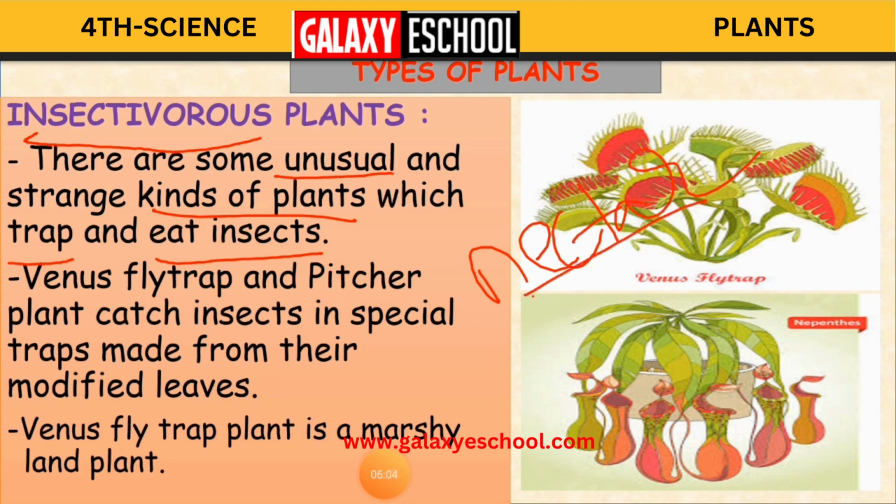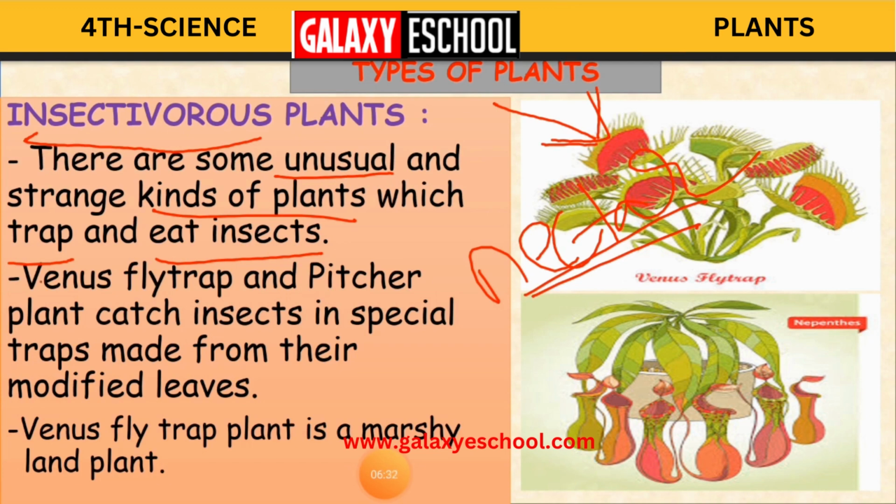Because of this nectar, the insects get attracted to the plant to have the nectar. So when the insects come to have that nectar, these plants are going to catch that insect and eat them as their food. Okay, children? Understood? So this is why we call them insectivorous plants.